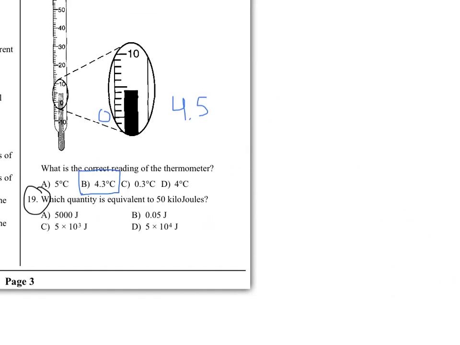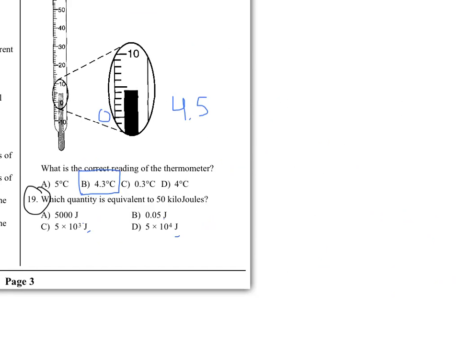The next question has us doing a metric conversion, and they ask us which quantity in joules. How do I know joules? Because down in the problem, all of my quantities have a J for joules, is equal to 50 kilojoules.